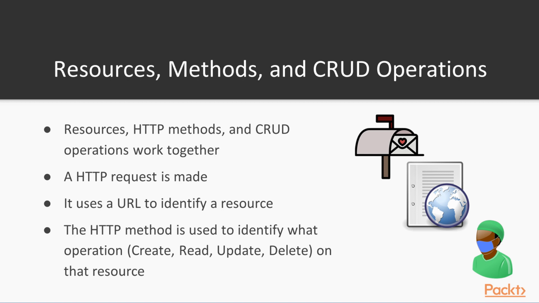An example could be page 1, a GET request will translate to a read operation on that page 1 resource. If I used a POST request instead, that would result in an update operation, and the server will expect that the requester has supplied the information that the resource will be updated with.